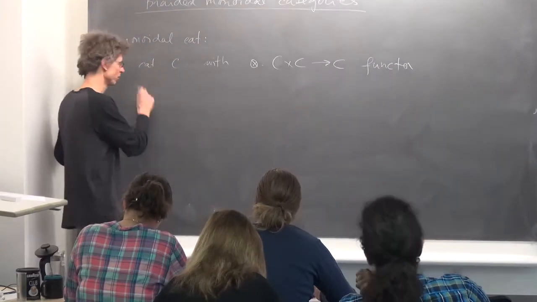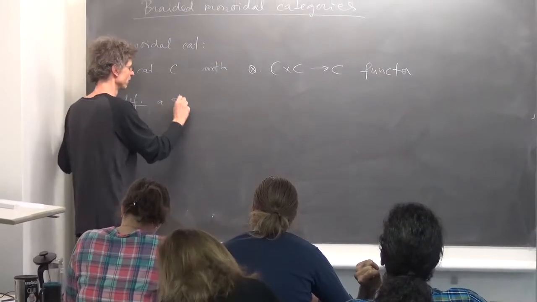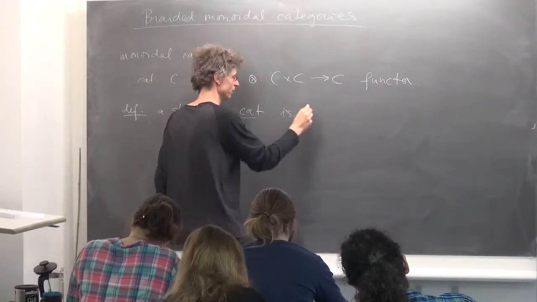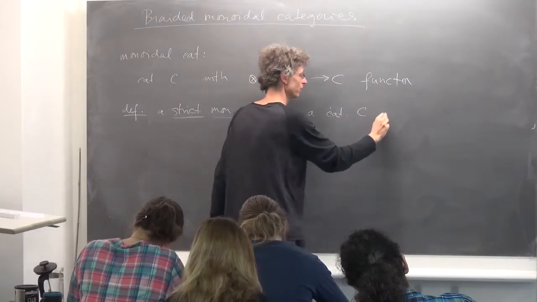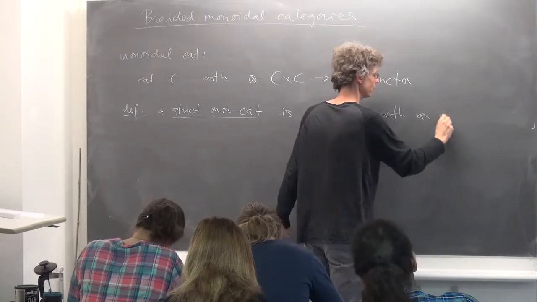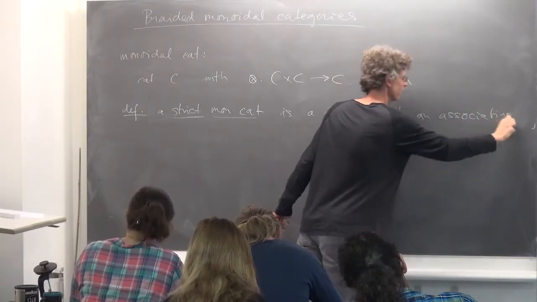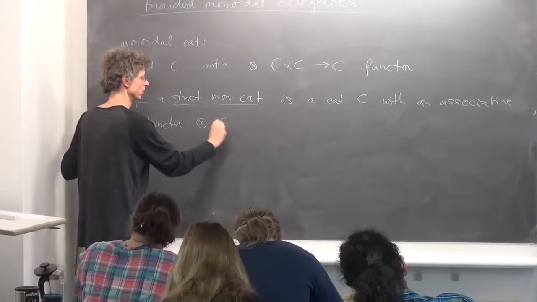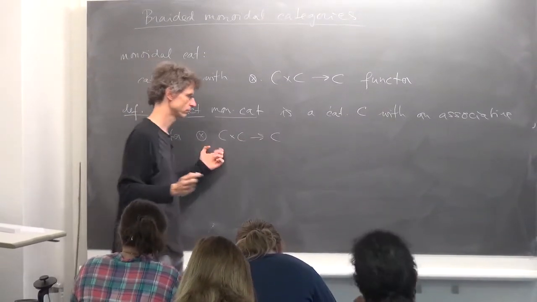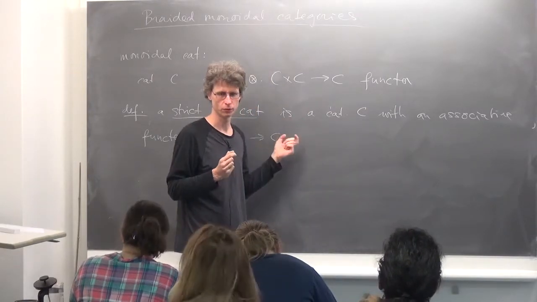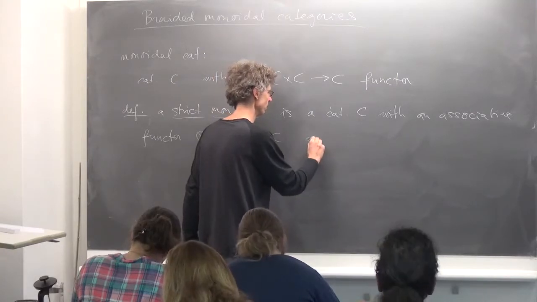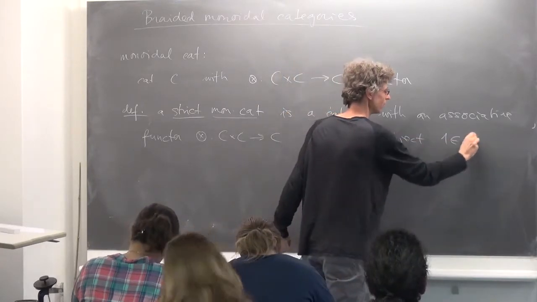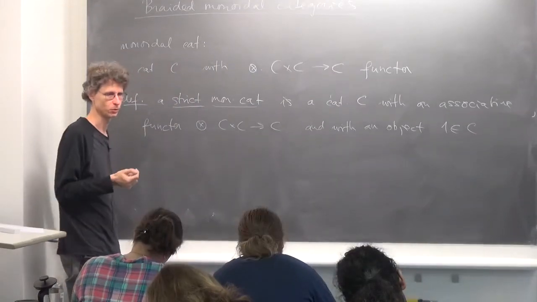So this might be a definition, very strict: a monoidal category is a category C with an associative functor, and, since monoidal derives from monoid, there should also be a unit, an object 1 in C, such that its product with anybody from either side is equal to anybody.